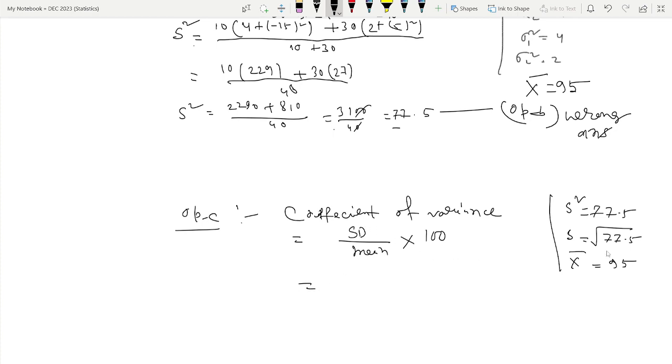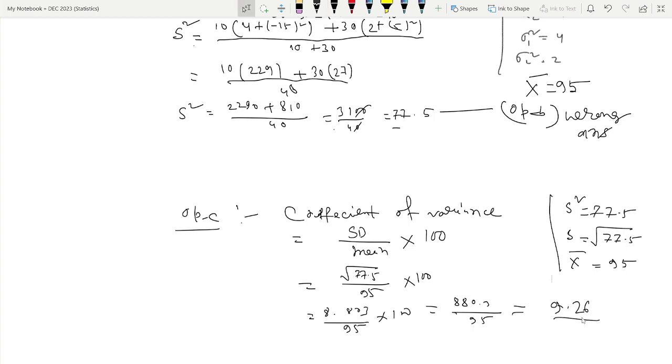So SD root over 77.5 divided by 95 into 100 equals 8.803 divided by 95 into 100 equals 880.3 divided by 95, and it is 9.26.